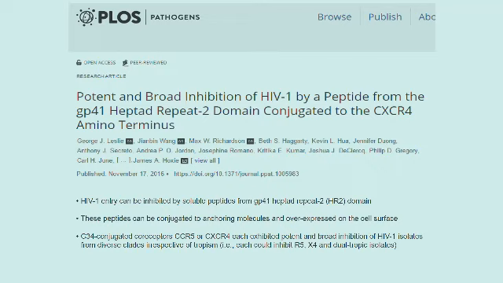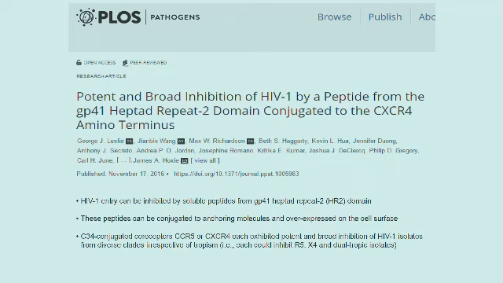And what they showed in this paper that was published in November is that HIV entry can be inhibited by soluble peptides from the GP41 HR2 domain, and that the peptides could be conjugated to anchoring molecules and overexpressed on the cell surface. So they were conjugated to CCR5 or CXCR4, and each exhibited potent and broad inhibition of HIV isolates from diverse clades and tropism.